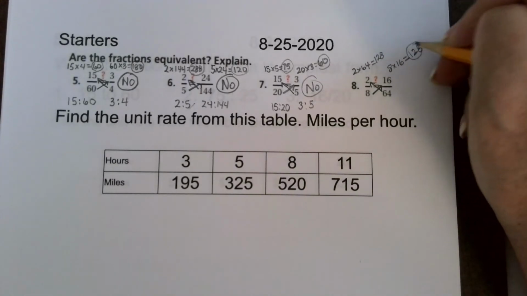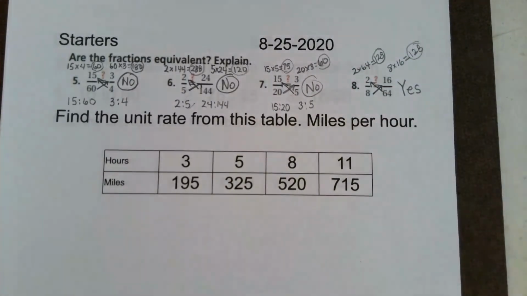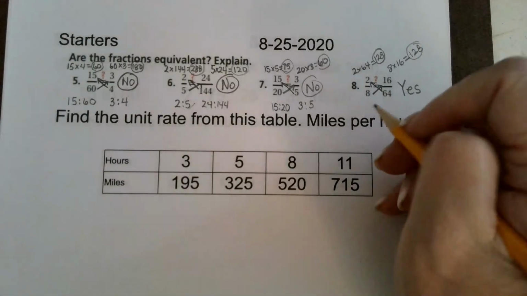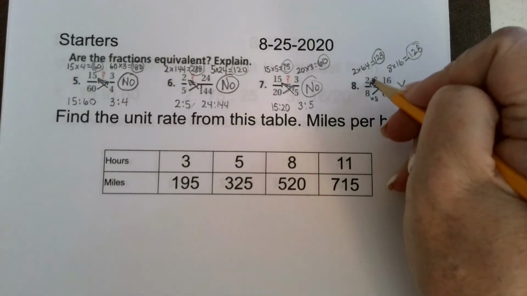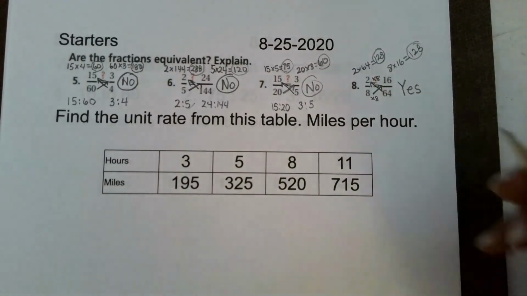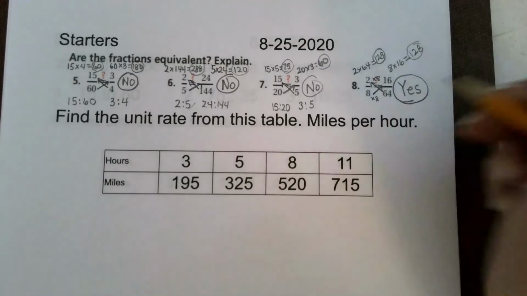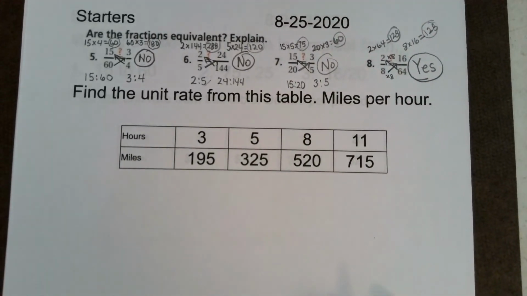When you have that matching, those two things are equal. And just to show you, you could also do 8 times 8 is 64, and 2 times 8 is 16. But those are equivalent. And then we're going to find the unit rate from the table in miles per hour.